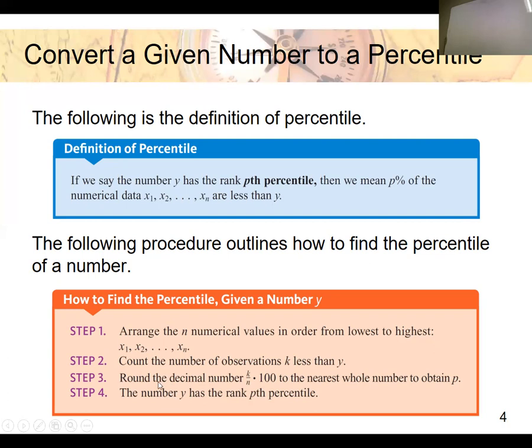Step number 3 is to round the decimal number of k divided by n, that's the number of observations less than that value divided by the total number of observations n, times 100. We round to the nearest whole number to obtain p. In step number 4, that data value y is in the p percentile.